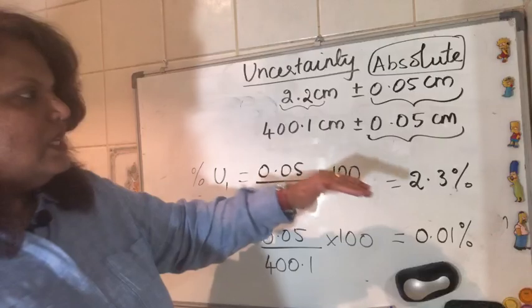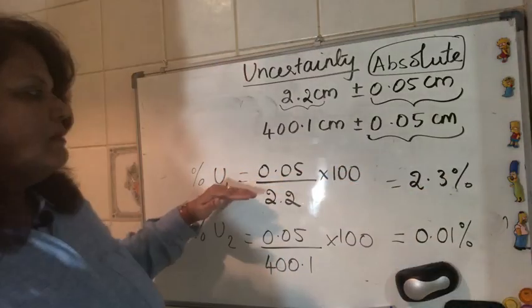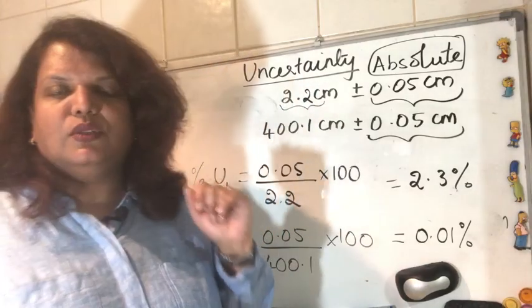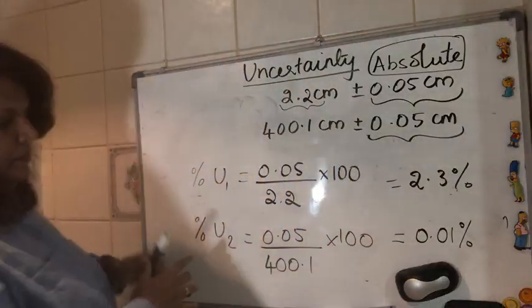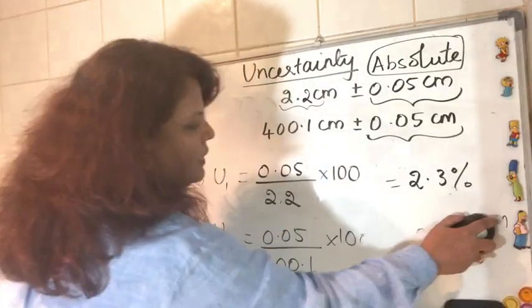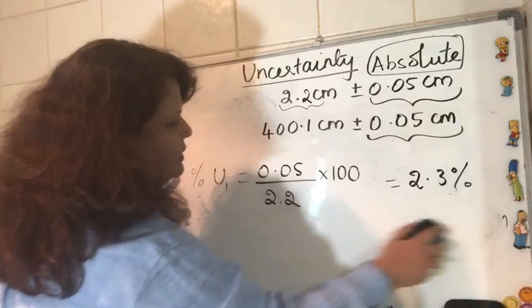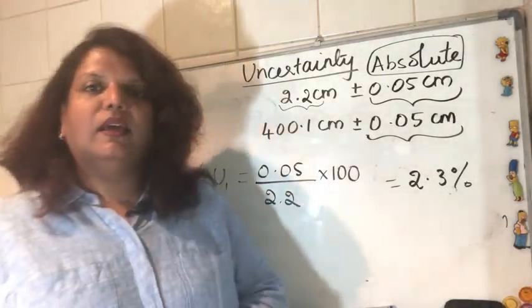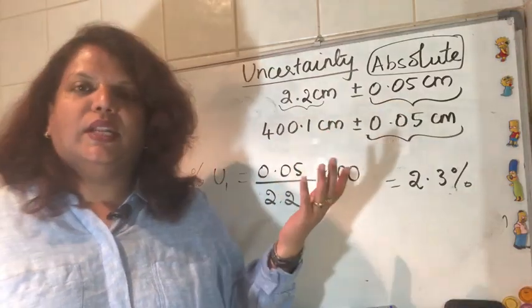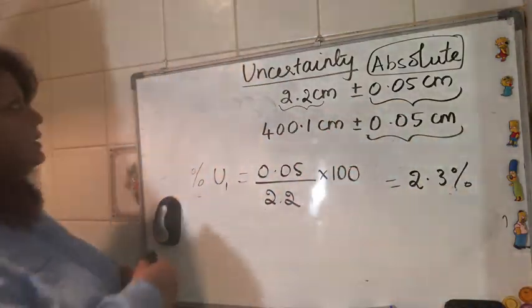Getting it? Now, is there any way that I could reduce the uncertainty in this measurement, which is almost close to 2.2 centimeters? Think. You can. What you could do is choose another instrument which has a lower precision value than this. I've used a ruler here. Instead, I could go for a vernier caliper. What's the precision of a vernier caliper?